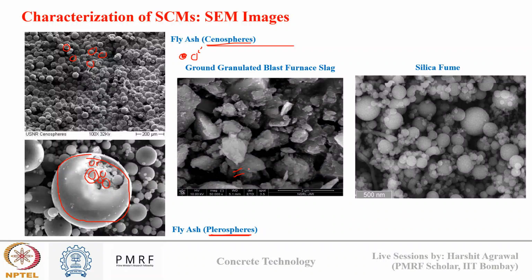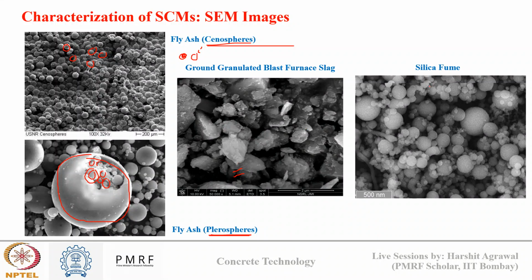They also have some glassy and amorphous texture, which helps them contribute to latent hydraulic properties. What is this latent hydraulic property? We'll discuss soon. For now, remember ground granulated blast furnace slag has an angular and irregular shape.